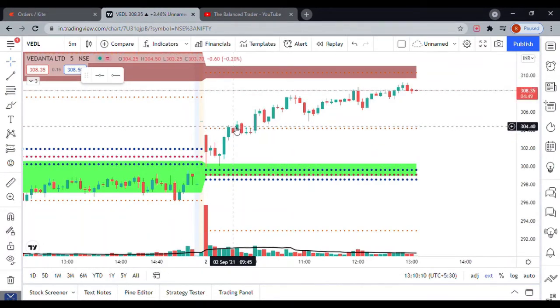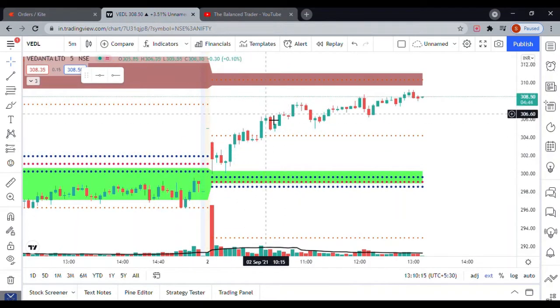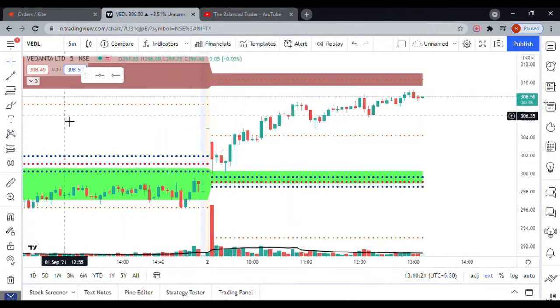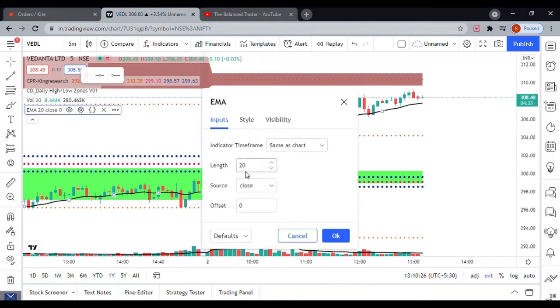I could have held, but I was busy sometimes, so I closed my position so early. I could have trailed this using the moving average. You can plot a moving average, an 8-day moving average for trailing.